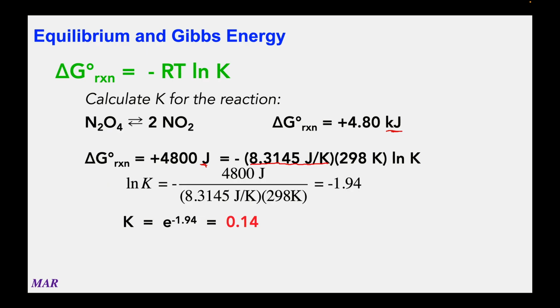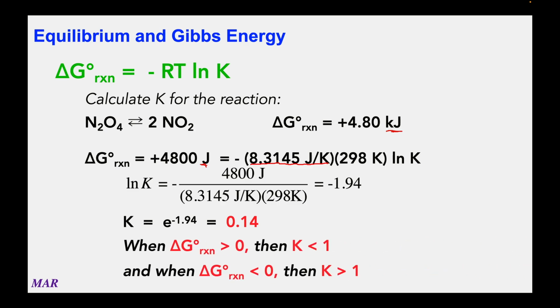And at first it might be hard to tell if these values make sense or not. However, remember that delta G values greater than 0 are the ones that are non-spontaneous, and non-spontaneous is just another word for reactant favored. And in this chapter, we've seen that K values less than 1 are reactant favored. So if you have a positive delta G, you should have a K that's less than 1.